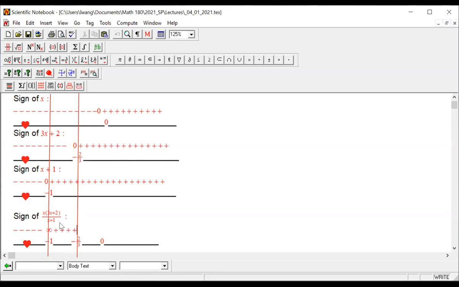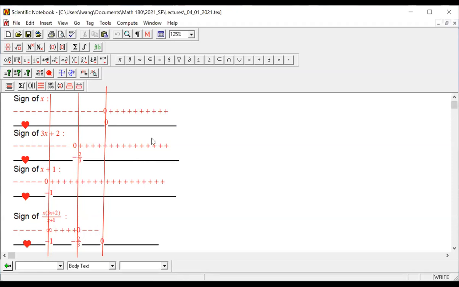It's a 0. Very good. Between negative 2/3 and 0, what happens? You have one negative sign in the quotient, so that will make it what? Negative.